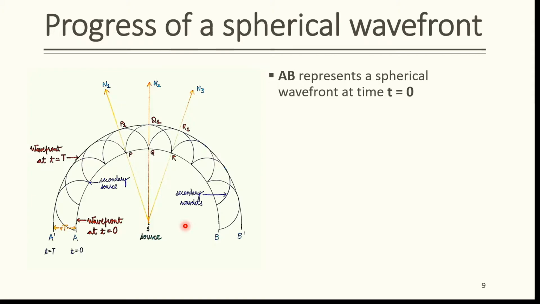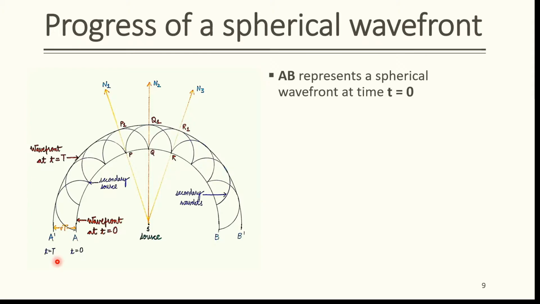Draw hemispheres with P, Q, R as centers and vt as radius, where v is the speed of light in the medium and t is the time. So the distance covered by the secondary wavelets will be vt in time t.